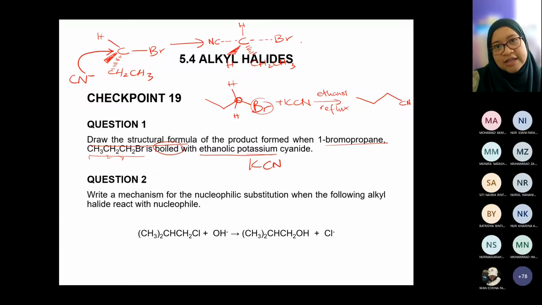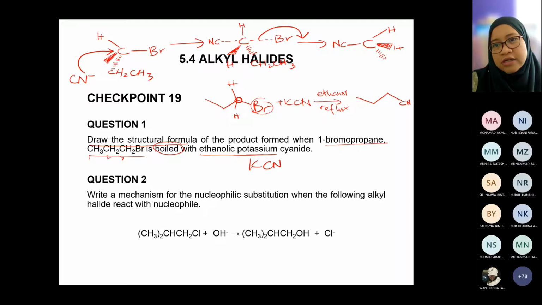Okay, this is the transition state. And then later, ni dia punya arrow ada 2 je, 1 and 2 dia keluar. Both electron will be given to bromine and becoming bromide. So, dia akan flip to the other side. So this will be CN, so hydrogen here, and then we have another hydrogen.